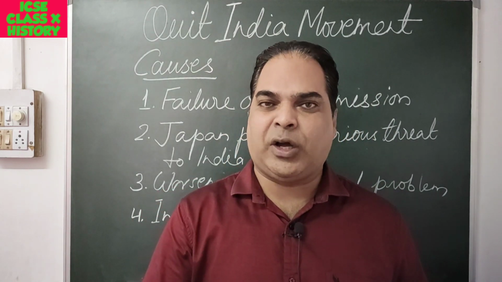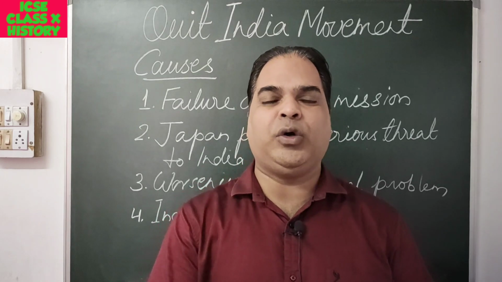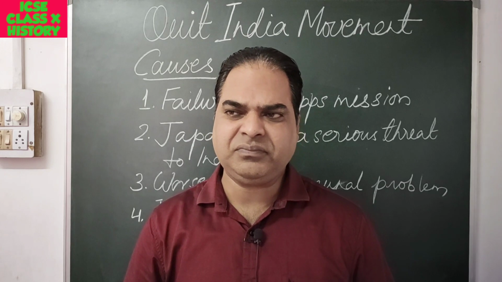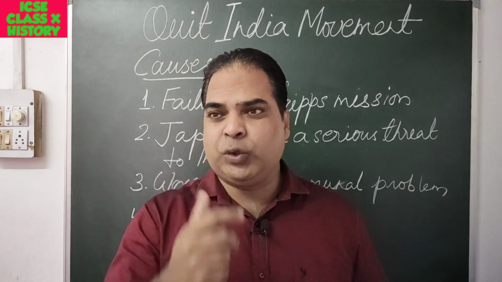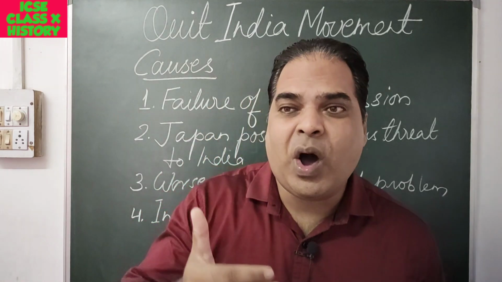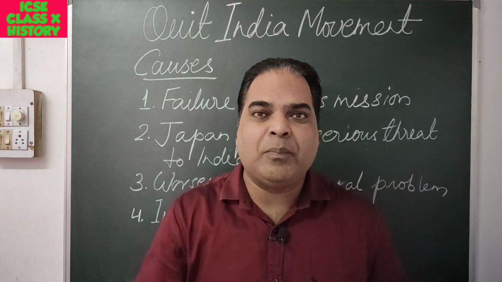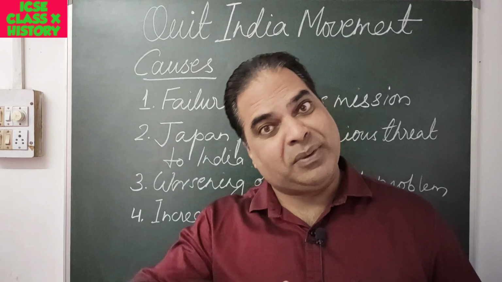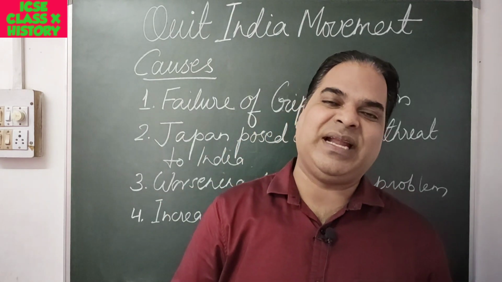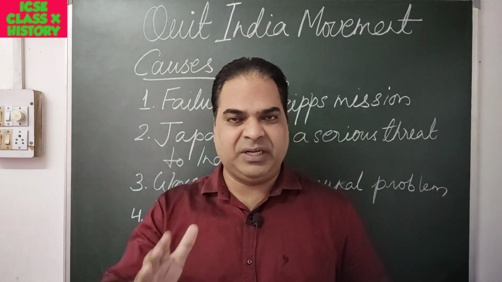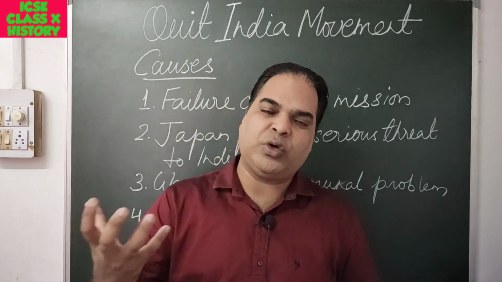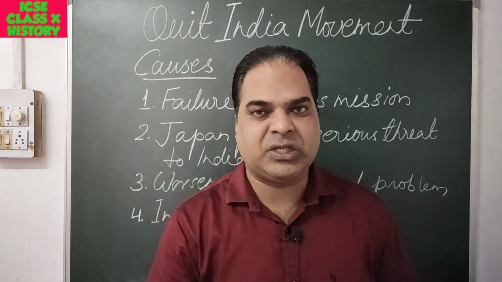Number two, immediately after the war, a constitution-making body would be set up. It would consist of members from British India as well as the native states, who would also be included in framing the Constitution of India.